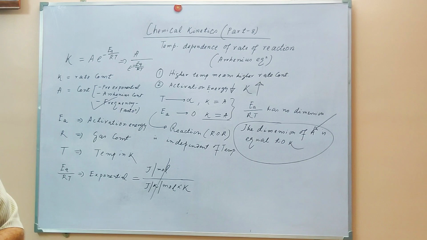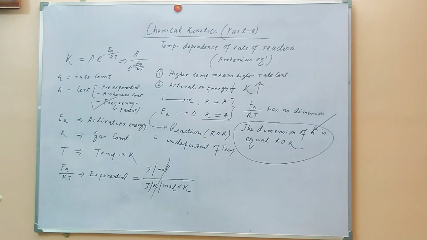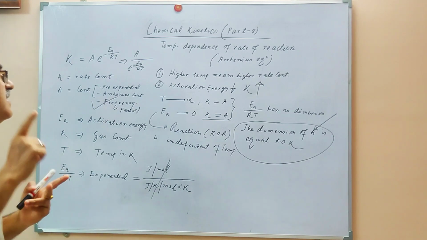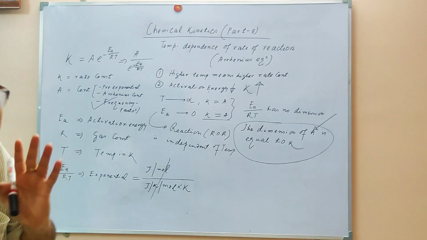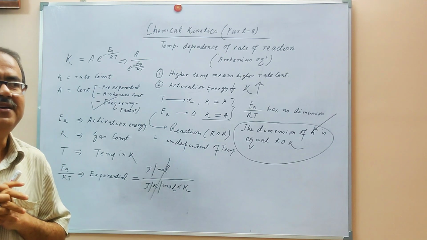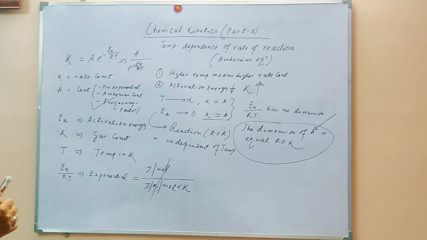When Ea, the activation energy, is zero, there is no dependency on the temperature. Temperature can only have influence when the reaction demands some activation energy. If there is no activation energy, temperature has no use.